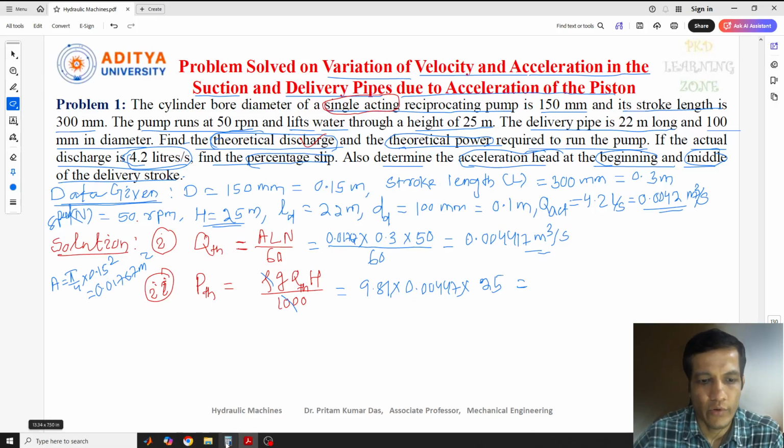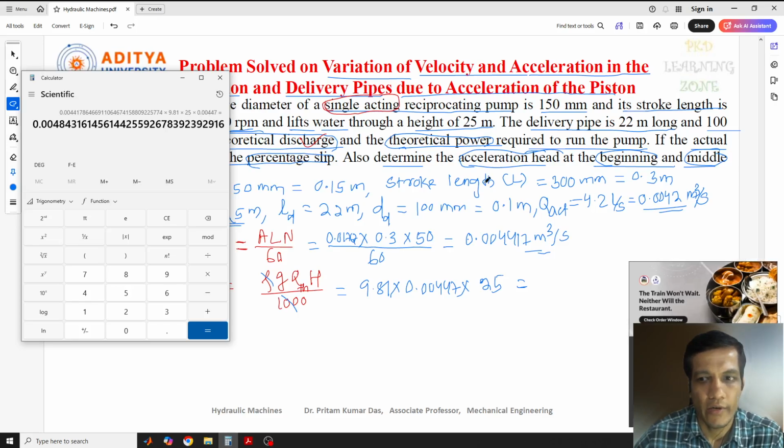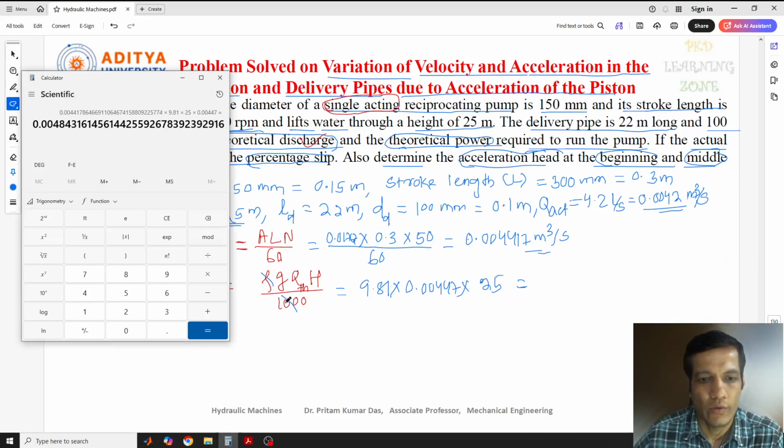Now the value we got here, if I multiply 9.81 and multiply 25, multiply 0.004417.